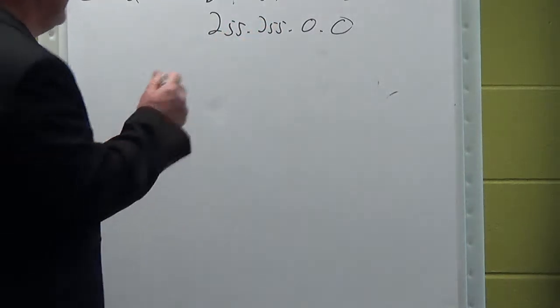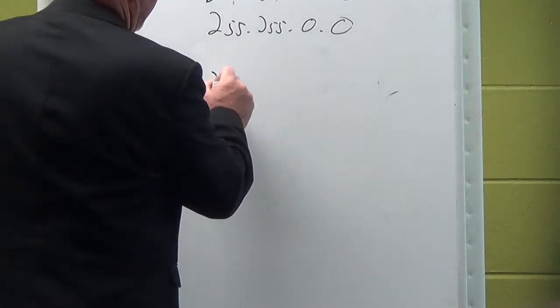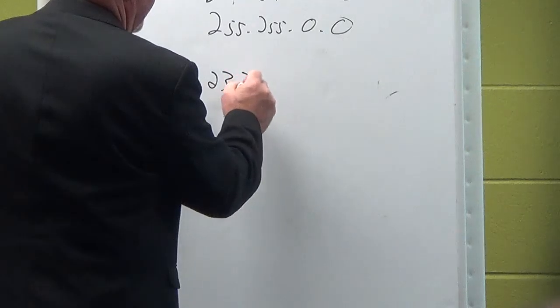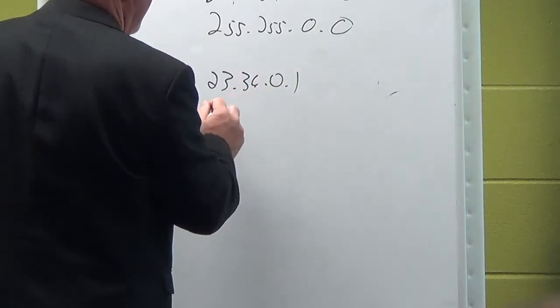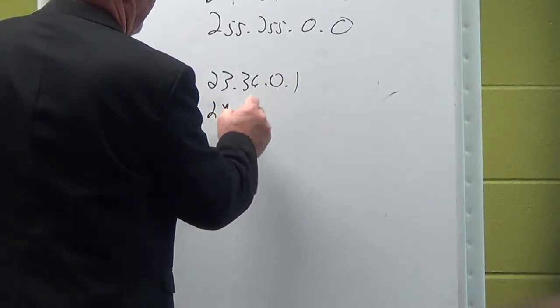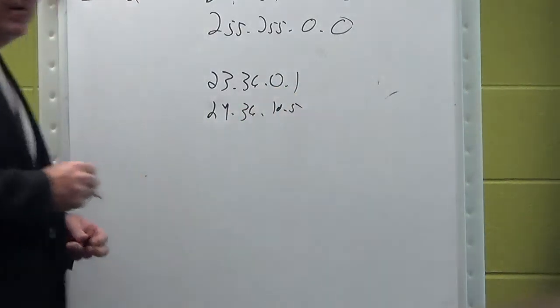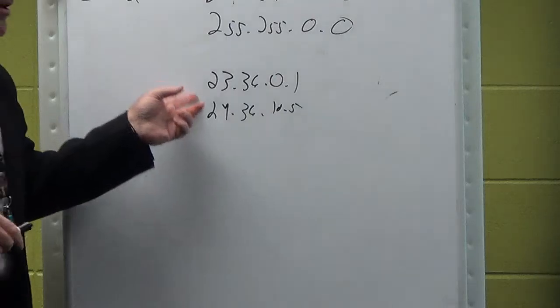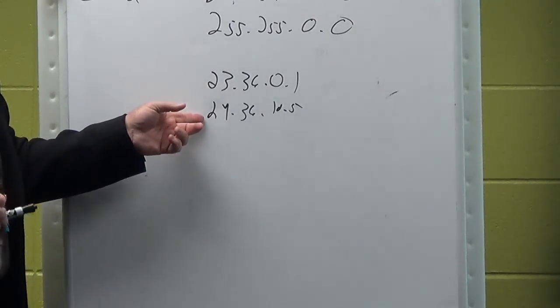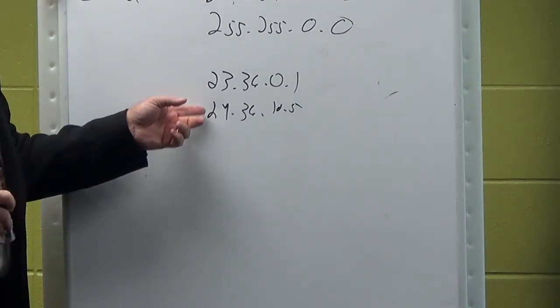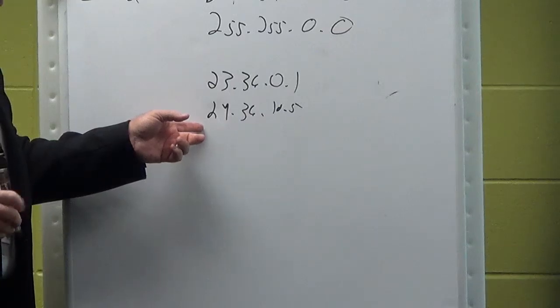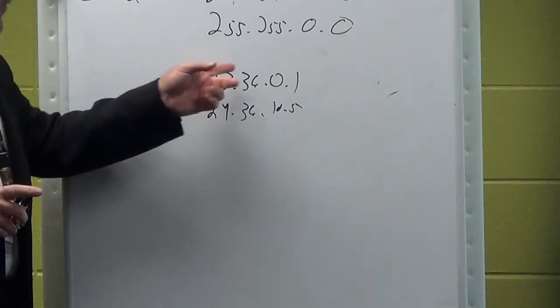Let's say I did use 23.36.0.1 and 24.36.10.5. Could those communicate with each other, Frank? Why not? Because the first number isn't the same.